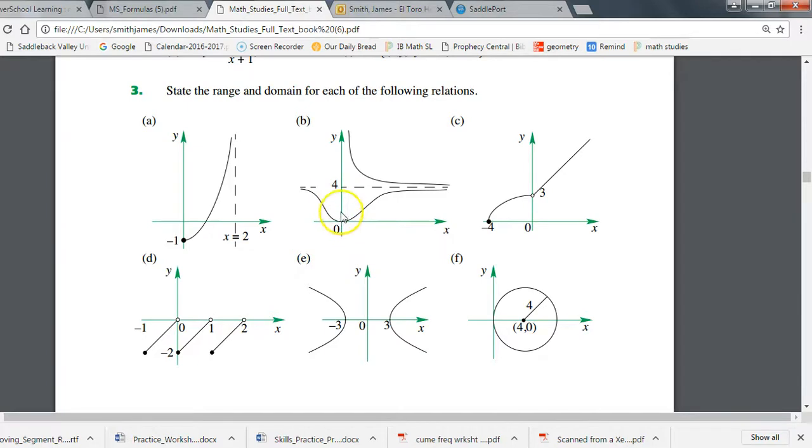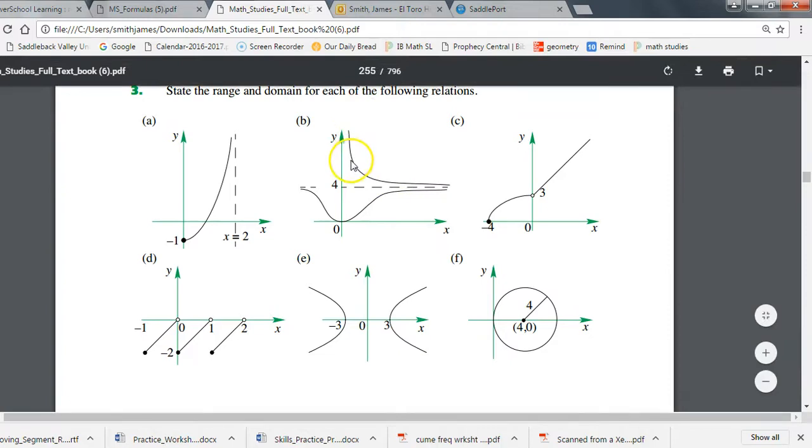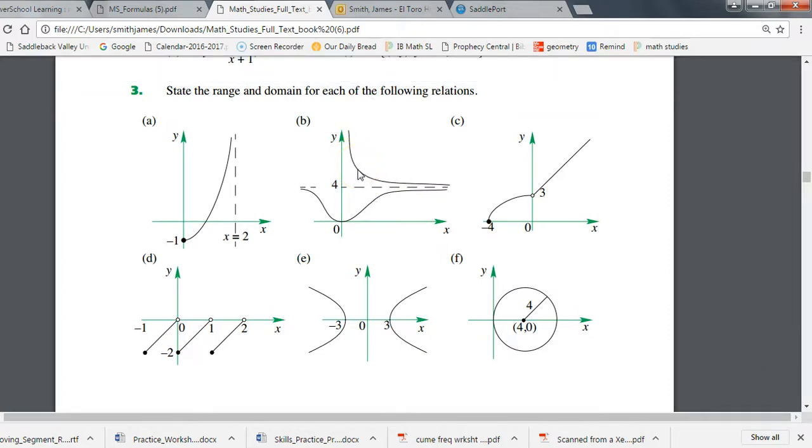Notice that it does include 0, but it does not include 4. So I'm going to write y values that are greater than or equal to 0, but less than 4. Then up here, my range goes from everything that's higher than 4, so I need a separate inequality that says y is greater than 4.